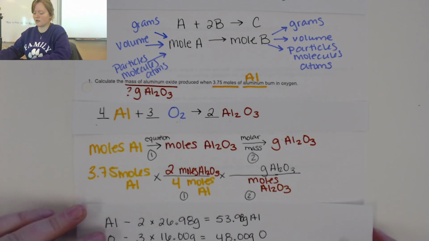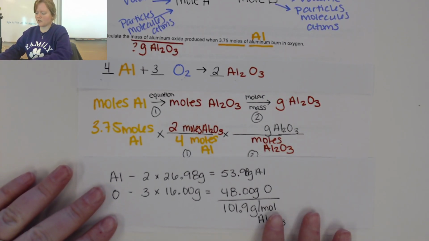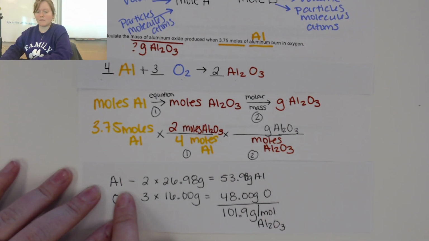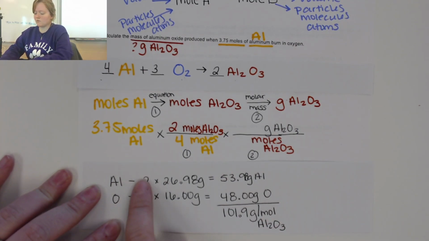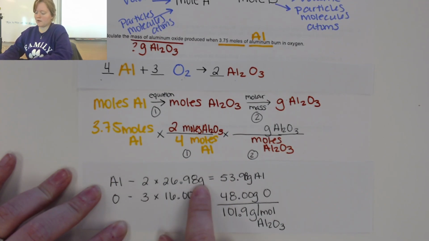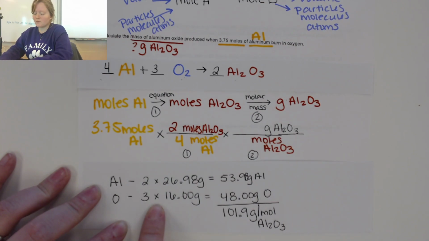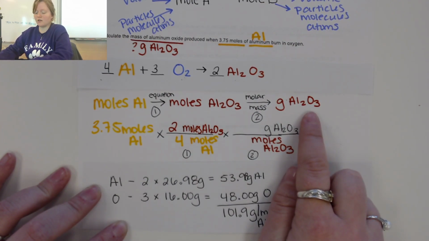So I've already gone through and calculated that for us. So let's take a look, right? Remember molar mass, we need to multiply by how many we have. So we have 2 aluminums. The molar mass of 1 is 26.98 grams. So multiply by 2, you have 53.98 grams of aluminum. Oxygen, there are 3 of those in our formula of aluminum oxide.